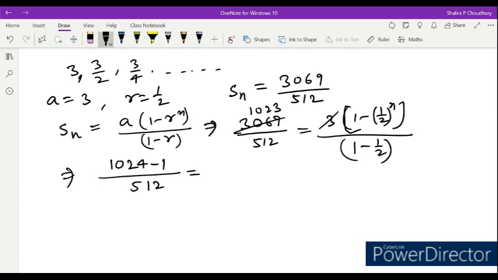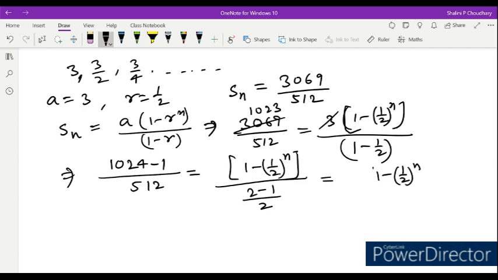Why we have written 1024? Because 1024 is 2 का power 10. Okay, and this one, 1 minus (1 upon 2) का power n divided by 2 minus 1 upon 2. This will be 1 minus (1 upon 2) का power n, okay, divided by 1 upon 2.